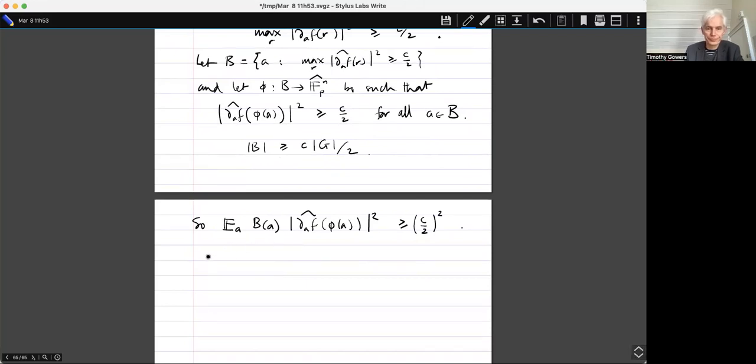So now let's do some expanding. So c squared over 4 is less than or equal to the expectation over A of B of A, and now let's expand this thing out. In fact I'll do it in 2 steps. I'm going to write a formula down for this.